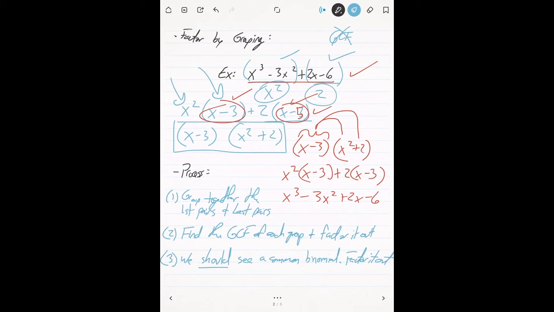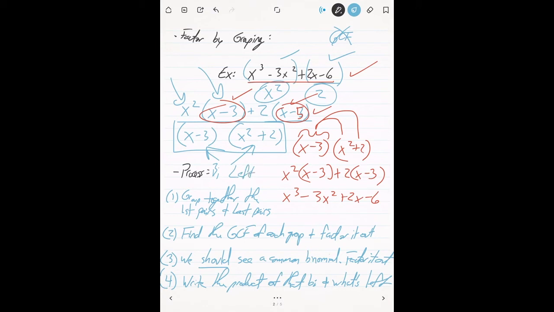And once we factored it out, we would see what we were left with, the x squared and the 2. So once you have factored out the common binomial, write the product of that binomial, I'm going to abbreviate that BI, and what's left. So the quantities that are left over. So here was the binomial, and here was what was left. So that's the idea of factoring by grouping.